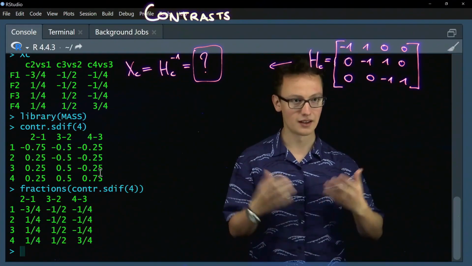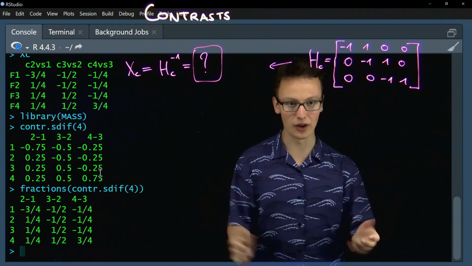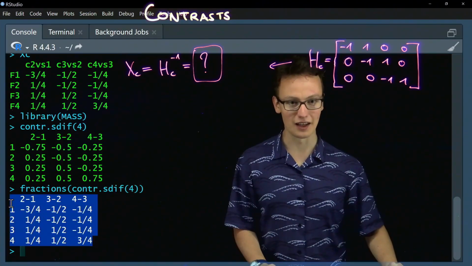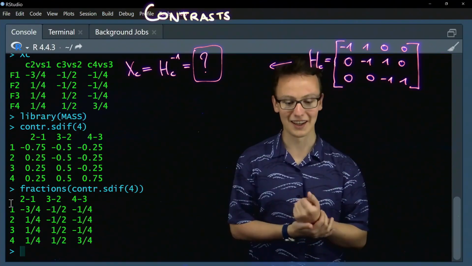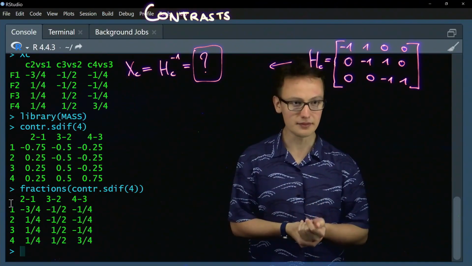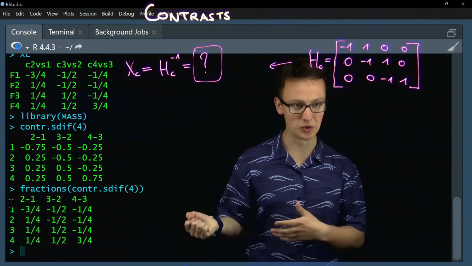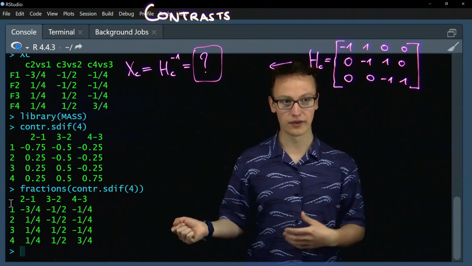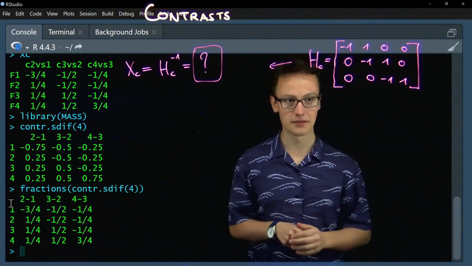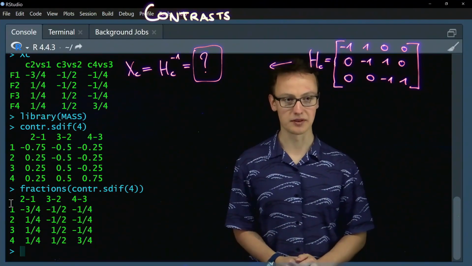So that is the full story here. We now know how these numbers were generated. And now we also know the general idea of how to compute the contrast matrix for any set of hypotheses represented as a hypothesis matrix.